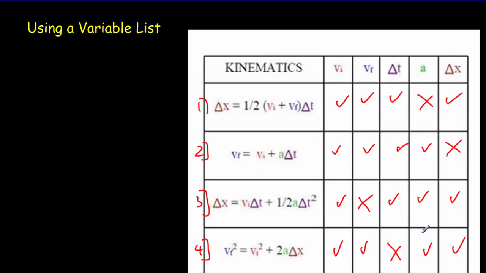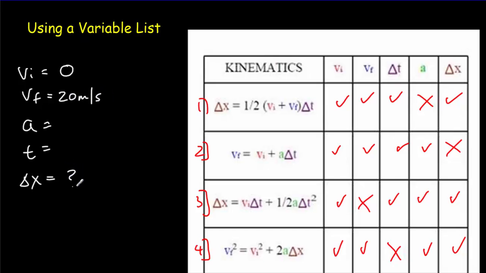So what we do with a variable list is simply to list those 5 possible variables. We have vi, vf, a, t, and delta x. So let's say we've read through the problem, we've made our diagram, and let's suppose that we know vi is 0, vf is, say, 20 meters per second. We're being asked for delta x, and we know the acceleration is 3 meters per second every second.